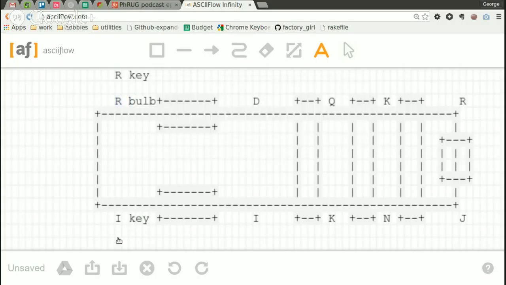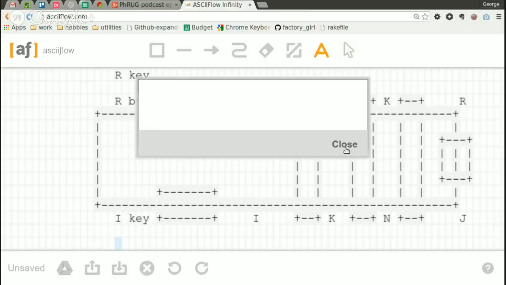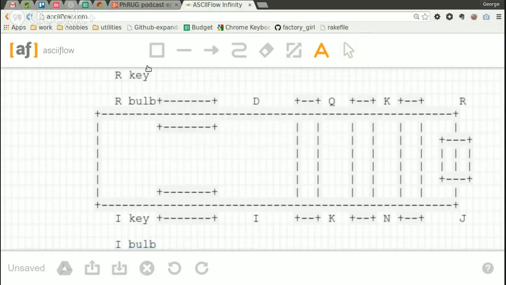On the other side, we're going to have an I bulb also, right? So what happens is if you press the R key, you'd have another circuit connecting to the same plug board.